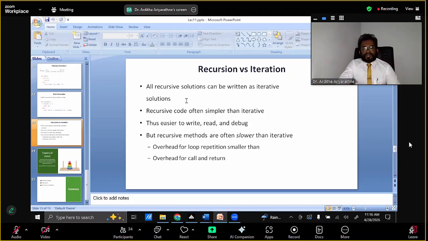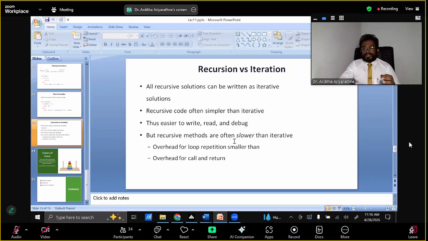Right? So all recursive solutions can be written as iterative solutions. What we are writing as recursion, the same thing we can write as iteration. Recursive code is often simpler than iterative. Recursive code is always simpler, with very few lines. Thus easier to write, read and debug. Debug means if you are getting some error, it is very easy to remove errors because the number of statements is very small.